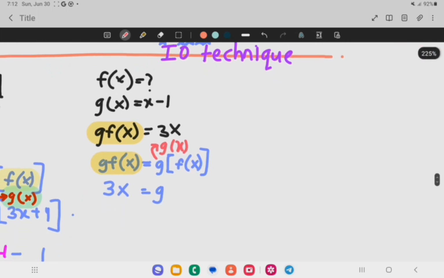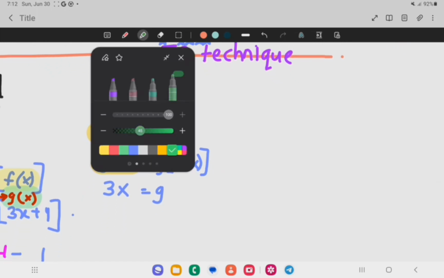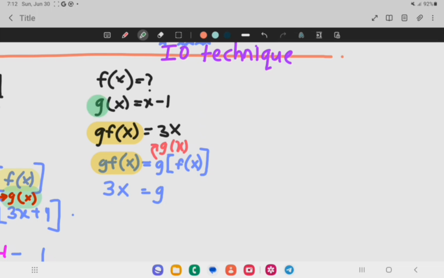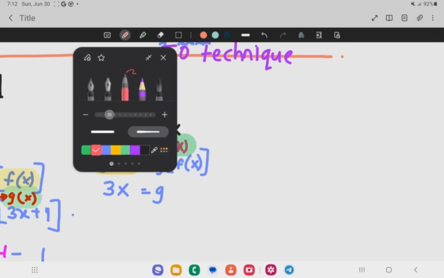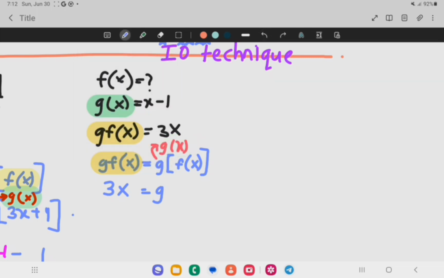Is gx given in this question? Yes, the gx is given in this question. So you're just going to write the gx equation over here. What is the equation of gx? It is x minus 1. I'm just going to write it here.